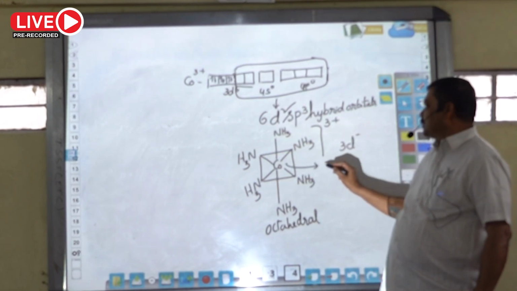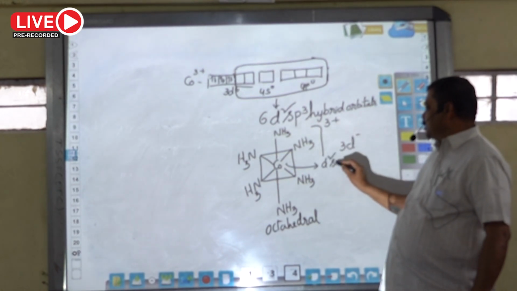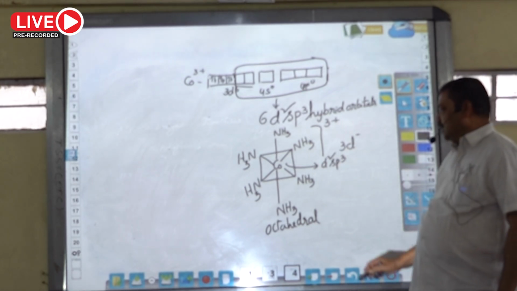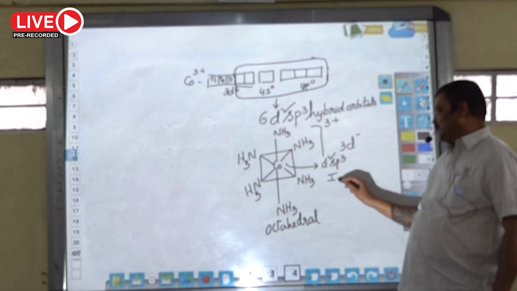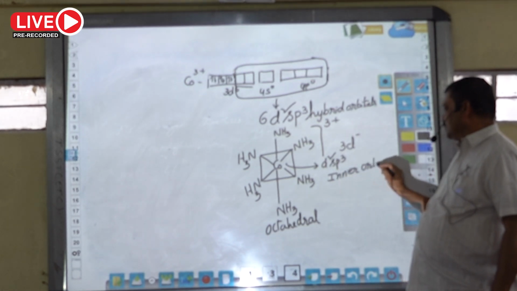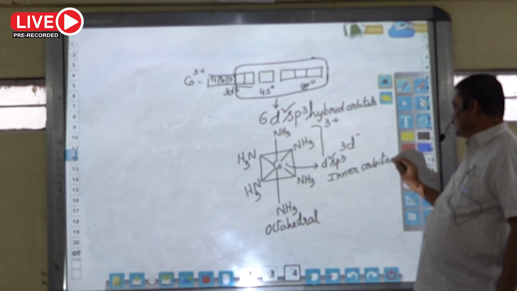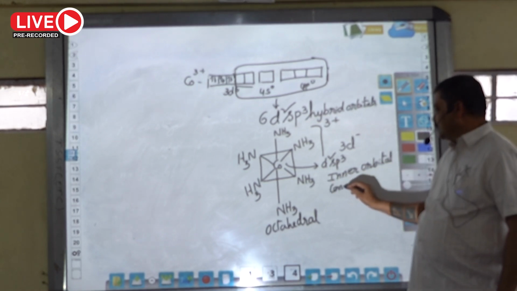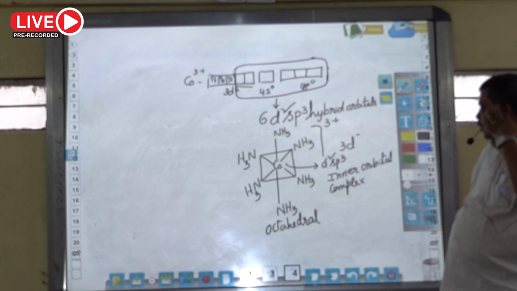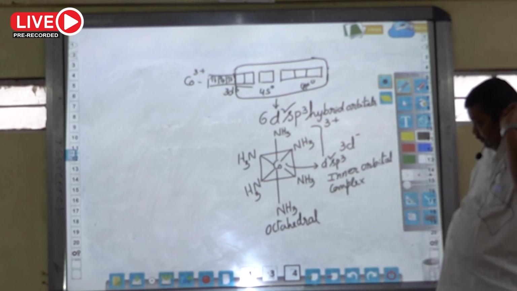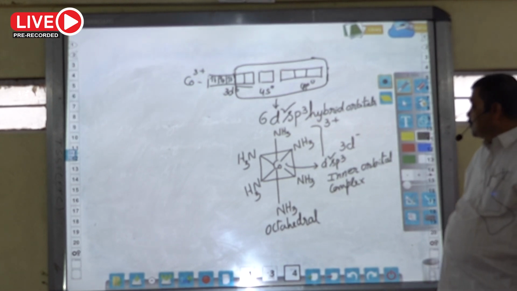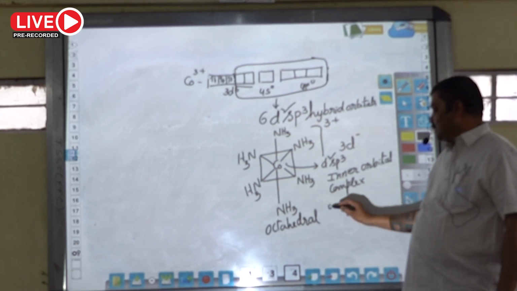Hybridization is d2sp3. Inner orbital complex, or low spin complex.